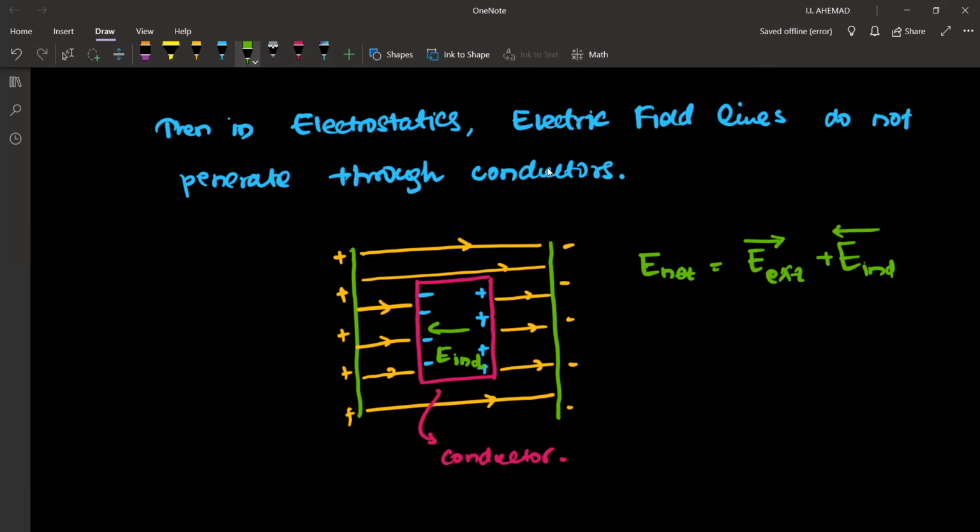Both of them are equal in magnitude. Therefore, E net is equal to 0.